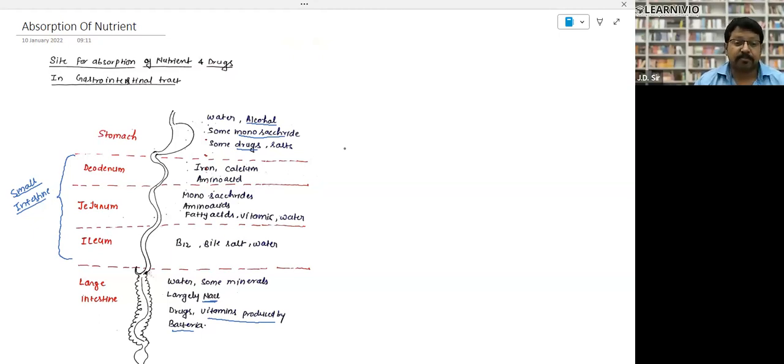Still, there are some things which are readily absorbable and absorbed by the stomach only: water, alcohol, some monosaccharides like glucose, and some drugs like medicines. So they are absorbed by the stomach. Rest of the things are not at all absorbed by the stomach.